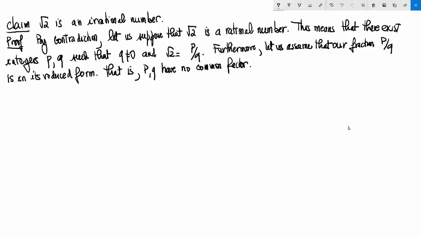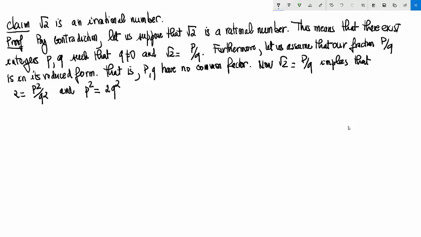Well, the fact that square root of 2 is equal to p over q implies that 2 must be equal to p squared over q squared, and this means that p squared will be 2q squared.